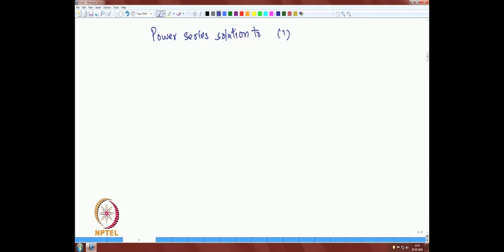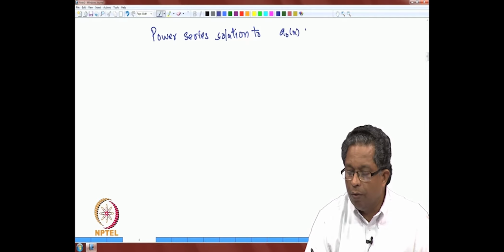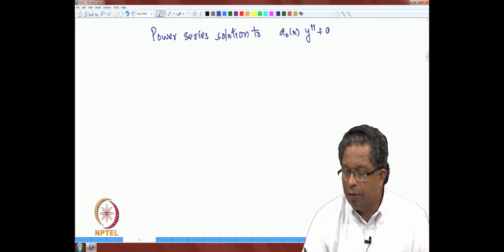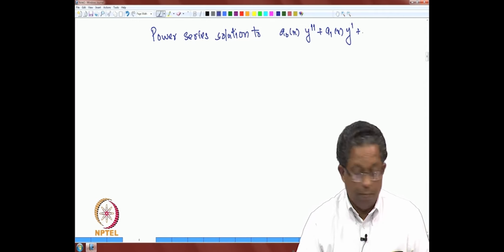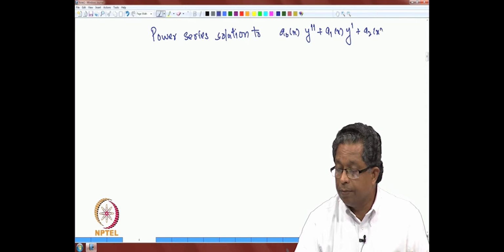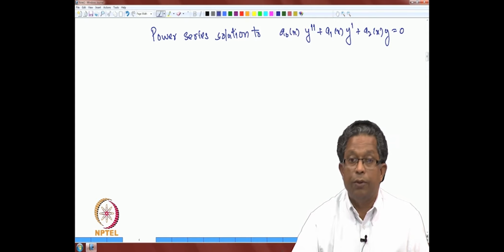Power series solution to the equation a0x y double prime plus a1x y prime plus a2x y is equal to 0, call it 1.